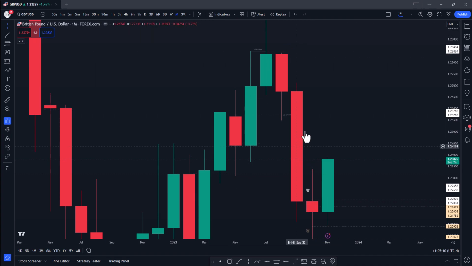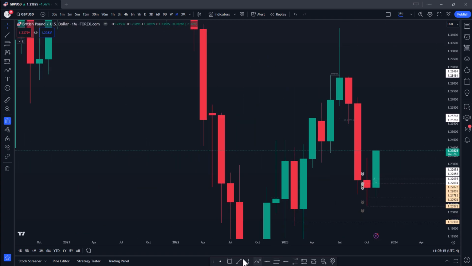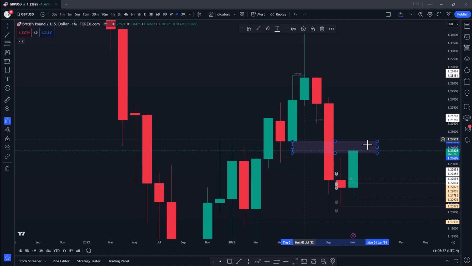So inside of this inefficiency, personally, I was looking at this area, this bullish candle. I know it's not the last bullish candle before the move lower, but I was looking into this because inside of this area I could consider this an order block. If this was the last bullish candle before the displacement low, I would have considered this an order block, but it's not in this case.